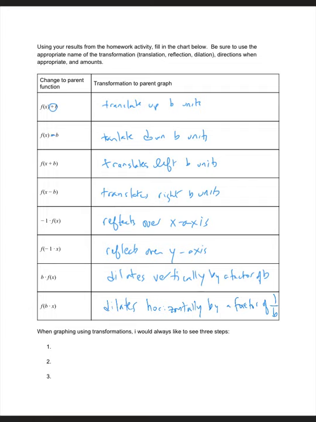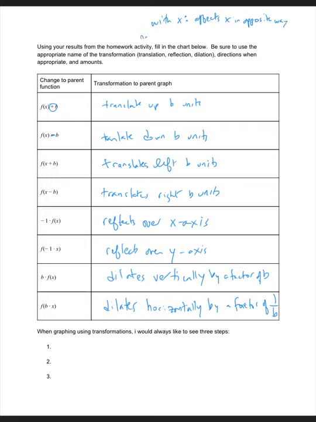Now, these 8 rules are always going to be consistent no matter what parent function you start with. But I like to think of these as being sort of like 2 rules. If a number is grouped with the x, it affects the x in the opposite way.